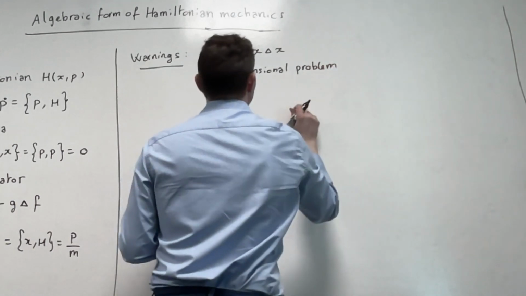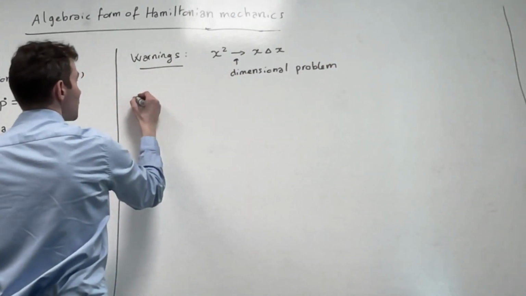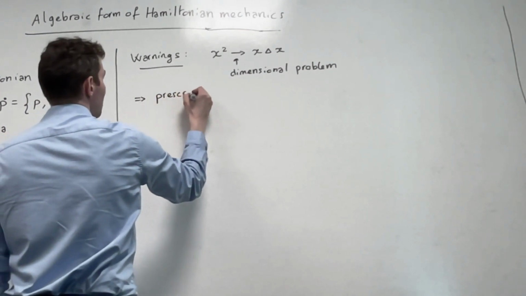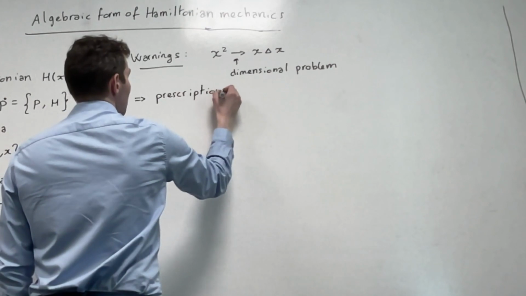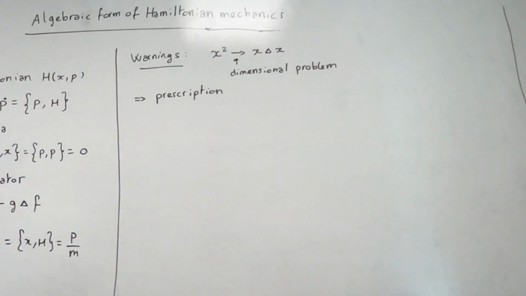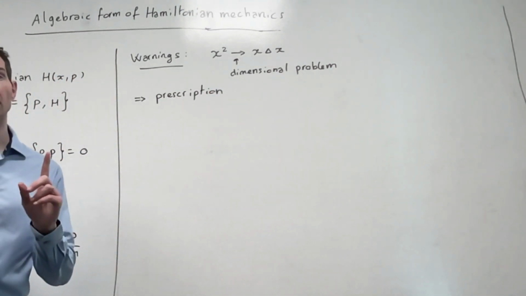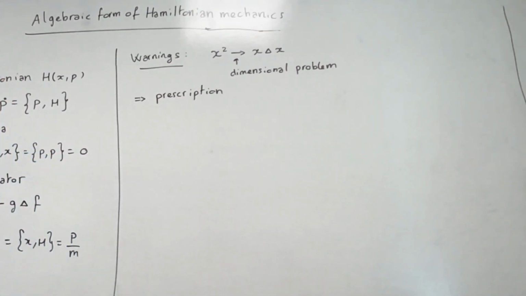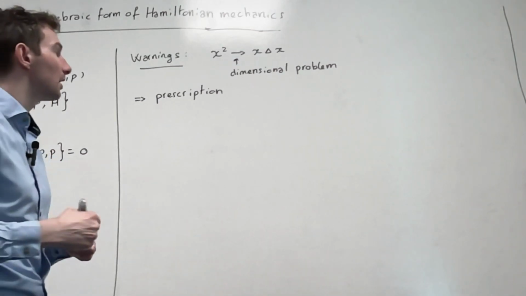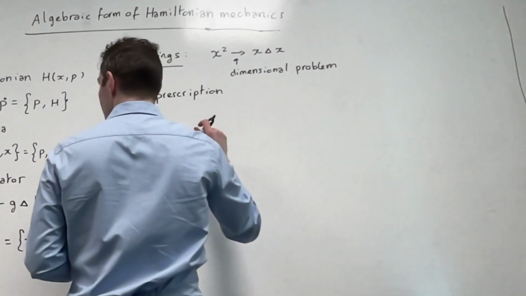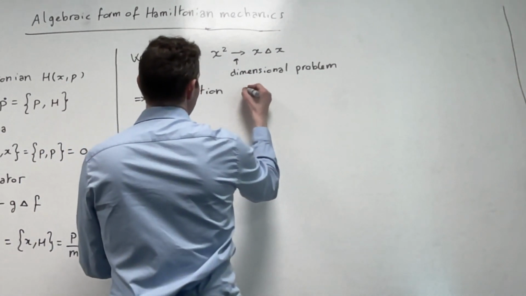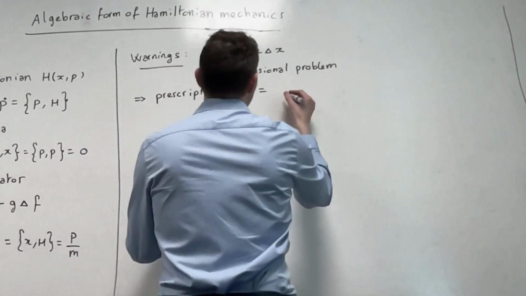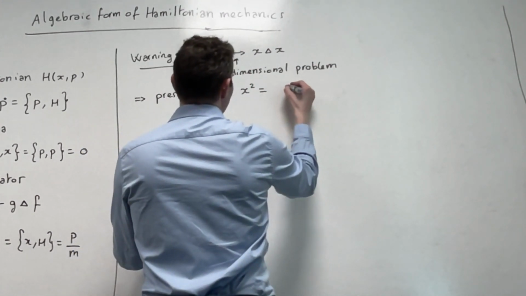So instead, we are going to propose the prescription that if I want to convert a simple product between commuting quantities, which wouldn't work for x and p, for example, into a product with the triangle operator, so for example, I would have x squared is equal to x times x.